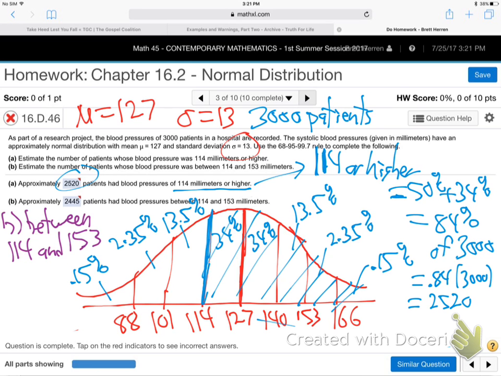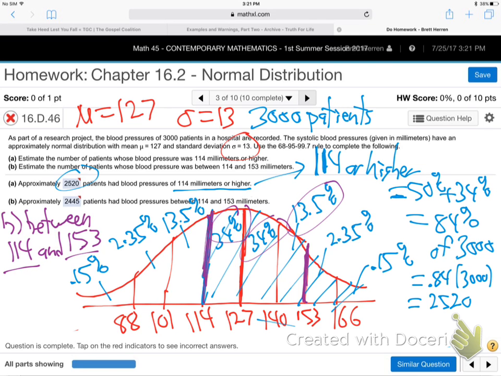Between 114 and 153. Okay, so what percent are between 114 and 153? Well, it's from here to here. Right, see the numbers there? 114, 153. So just add those percentages, huh?